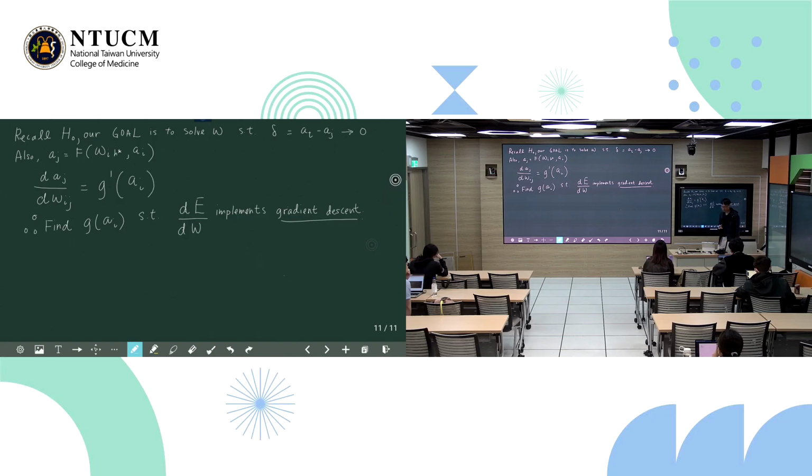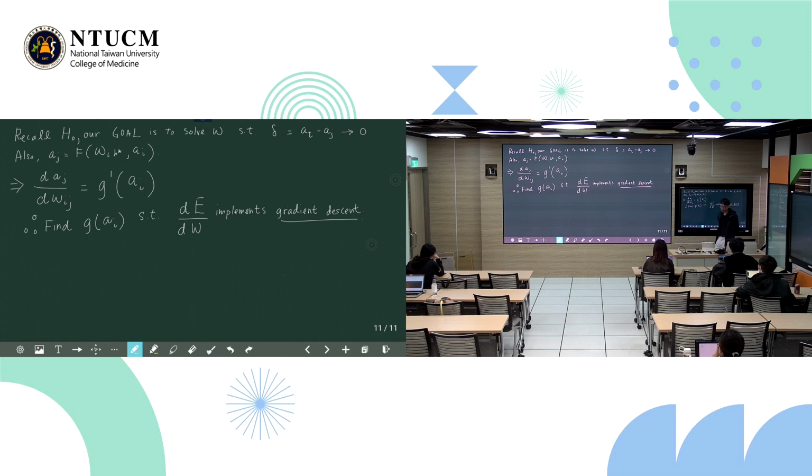But the idea here is that aj is a function of the weights and the input. This implies that how aj changes with respect to how the weights change is a function of the derivative of ai.